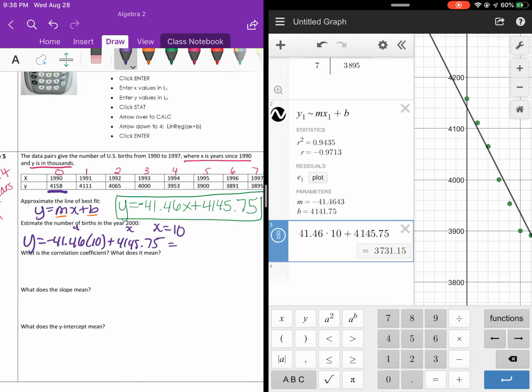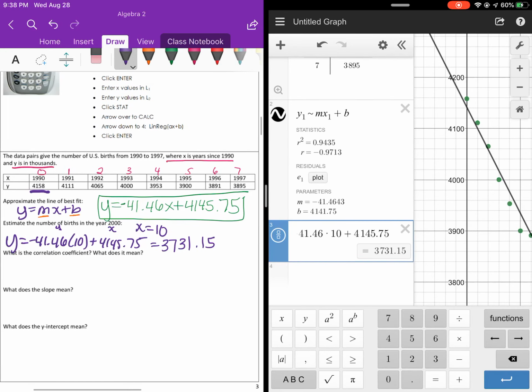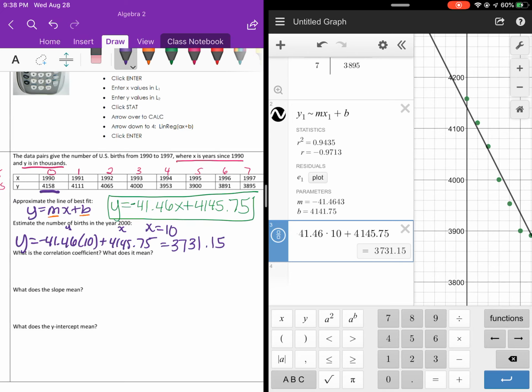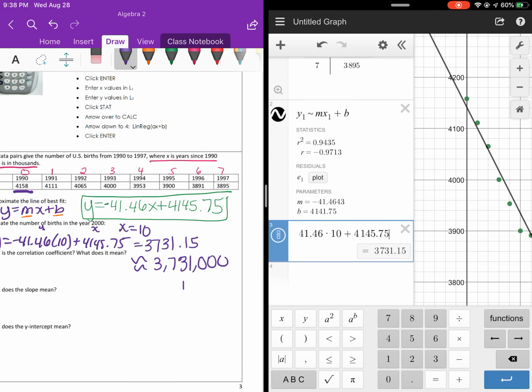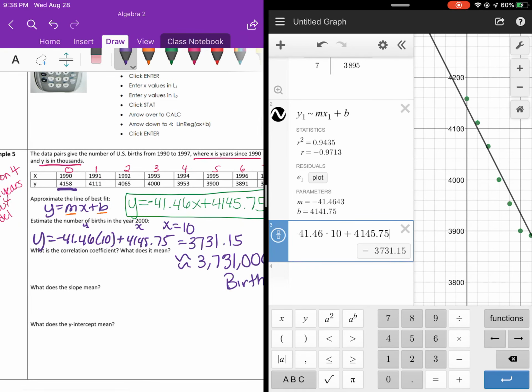So I get 37, oh, excuse me, 3731.15. Or I could say that's approximately this in thousands. So that's approximately, I'm going to round down to 3,731,000 births in 2000.